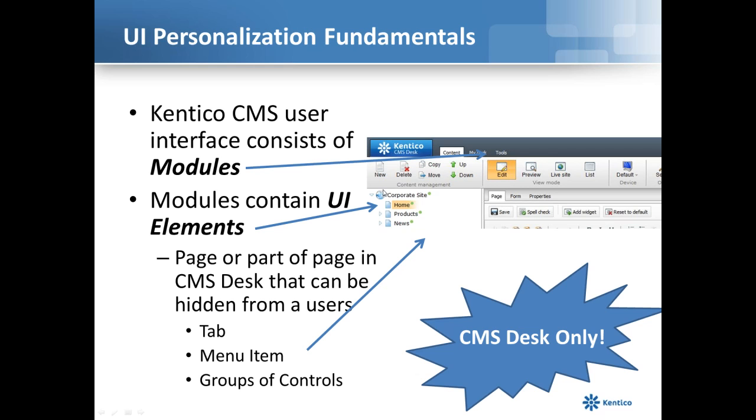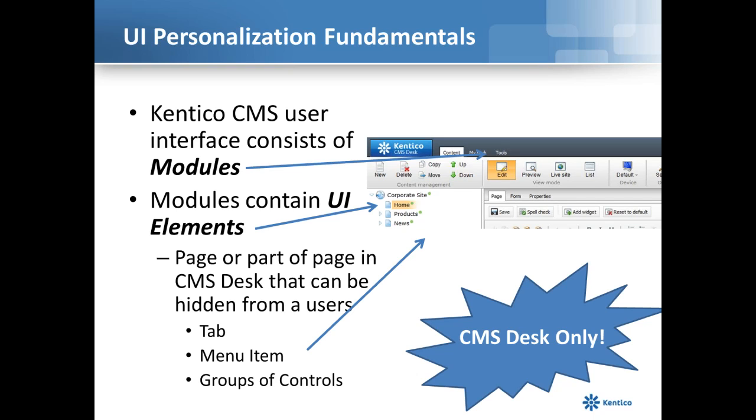The fundamentals of UI personalization shouldn't be new for people that have been using Kentico for a while. When we introduced UI personalization, I think it was back in version 5, we did some refactoring of the application. And the terms here aren't new. I do want to point out, though, that UI personalization is for CMS desk only.